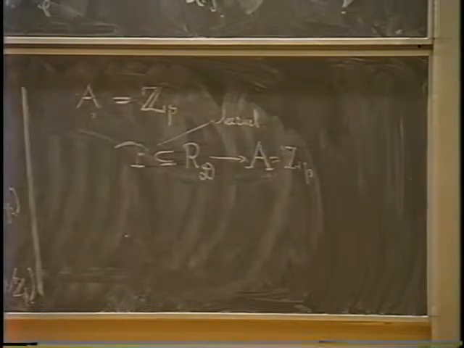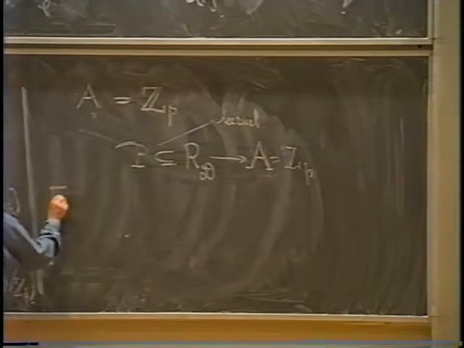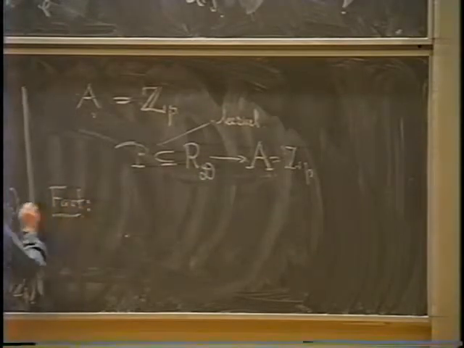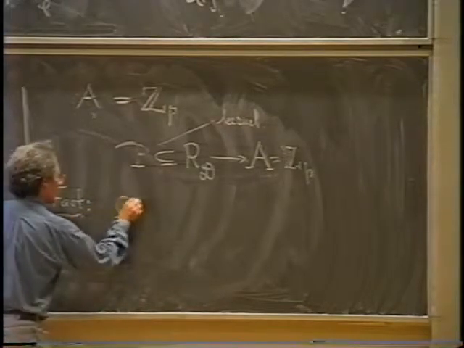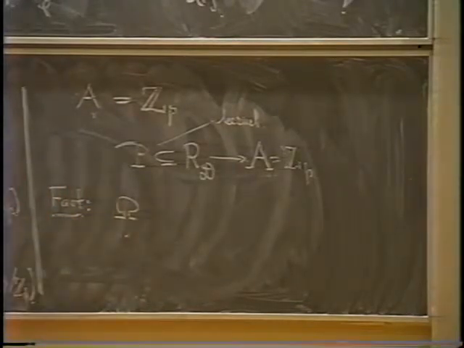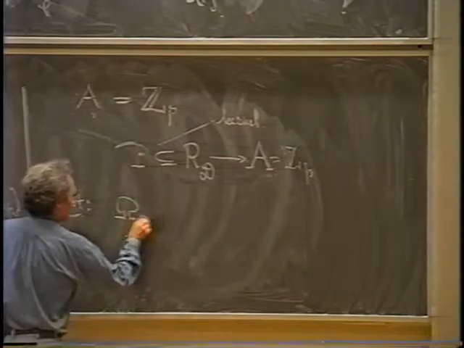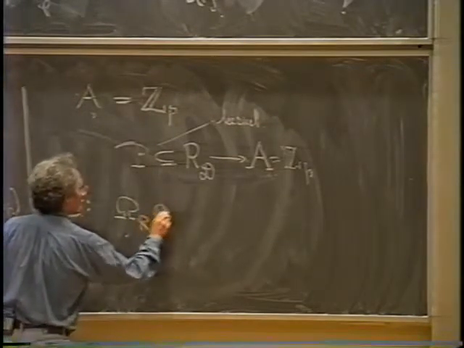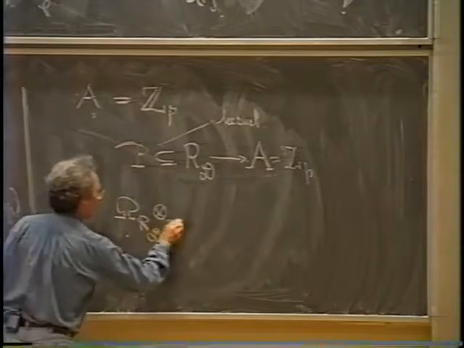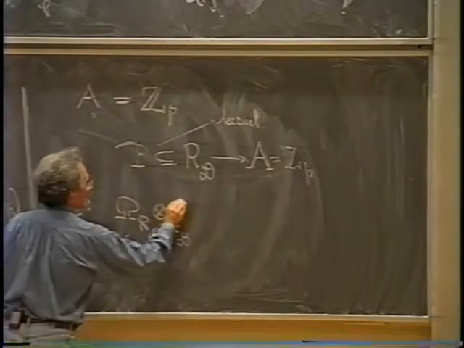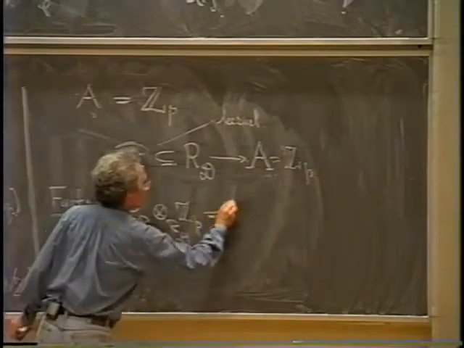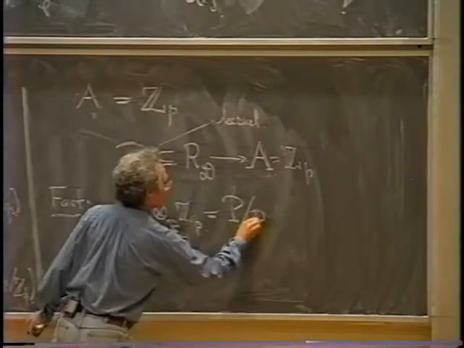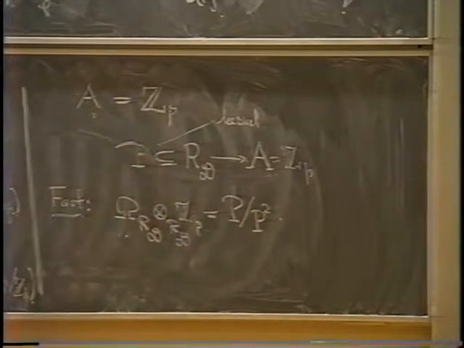and if I make use of the fact, which you can compute easily, that in the case that A is Z_p, Ω_{R_D} tensor over R_D with A is P mod P squared. If you remember, Ω is defined by I mod I squared.